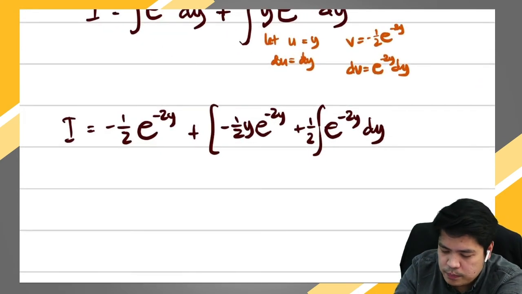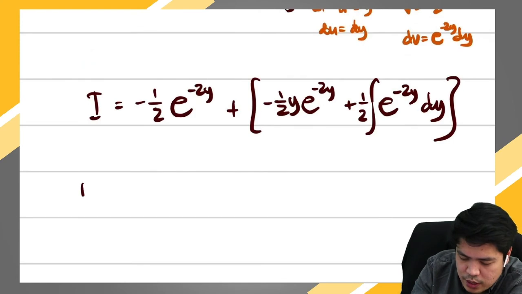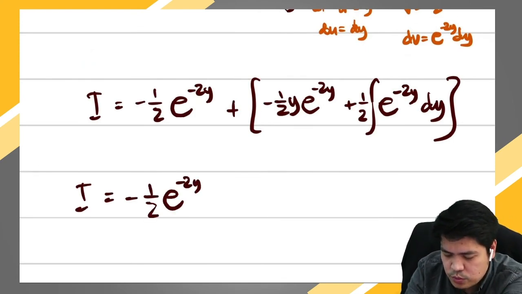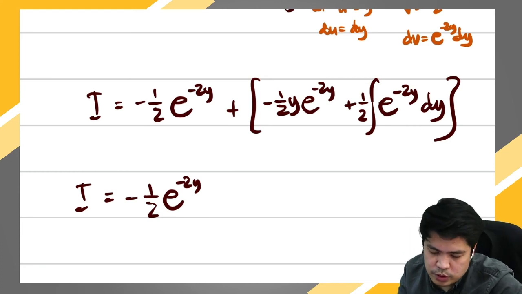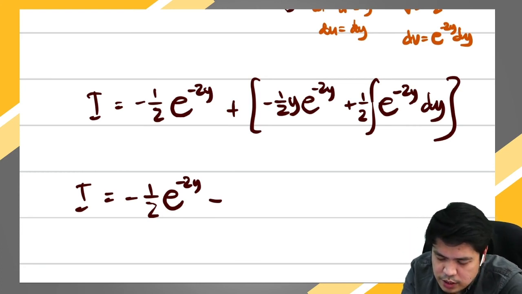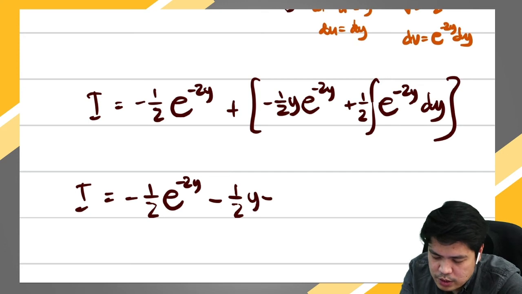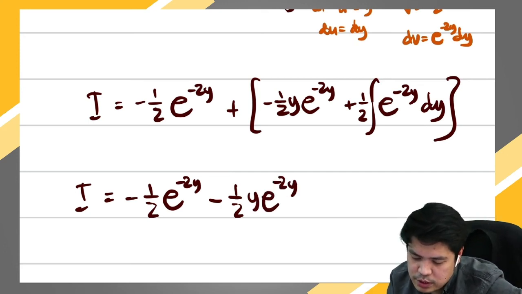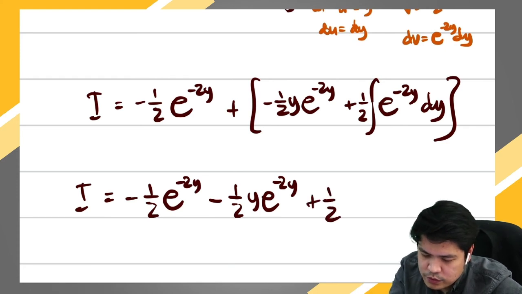Ayan. Then we'll have I, which is equal to negative 1/2 exponential negative 2y. Okay. Plus negative 1/2 y exponential negative 2y. What else? Then this becomes plus 1/2 times the integral of this.